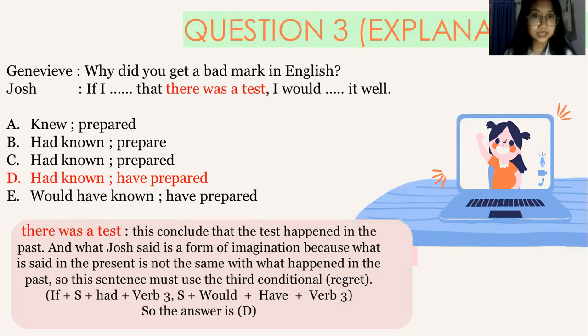So we know that the would is already in the sentence. I would blah blah blah. So we just need to add have plus verb 3. So the verb 3 of prepare is prepared with ed. So the answer will be D.